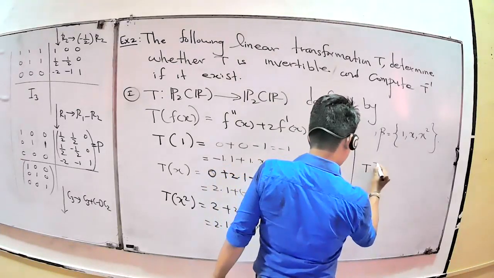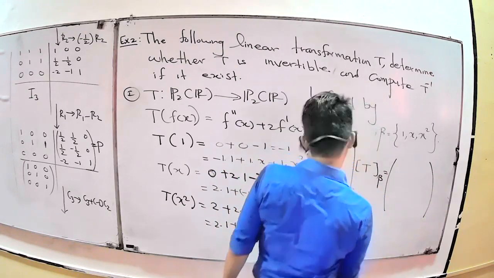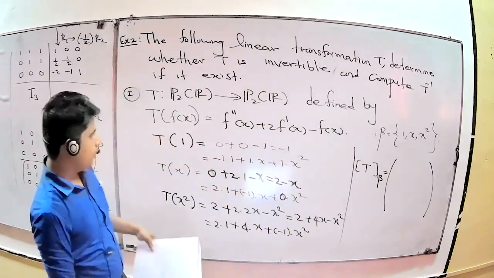This means T of beta, your representation matrix. You already studied this linear transformation.